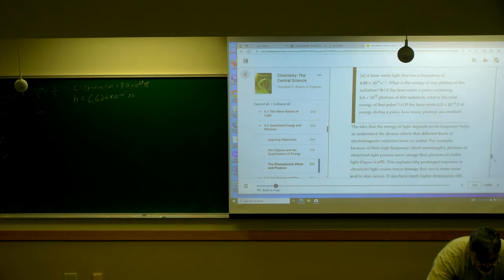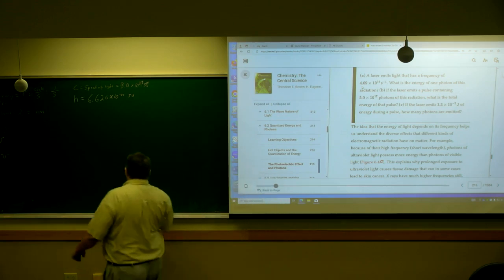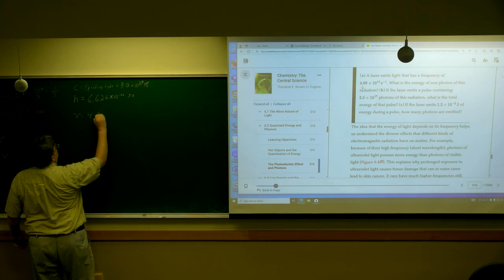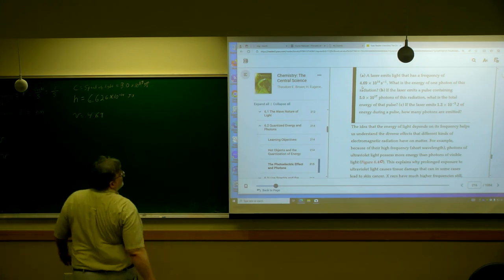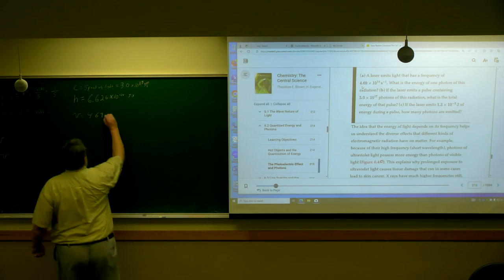Okay, a laser emitting light at a frequency of 4.69 times 10 to the 14 per second. It wants to know the energy.